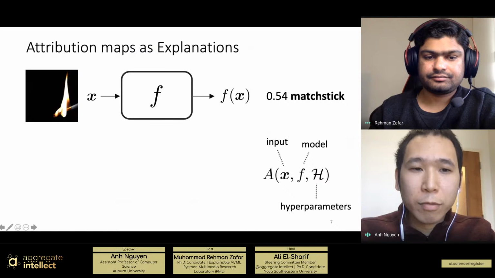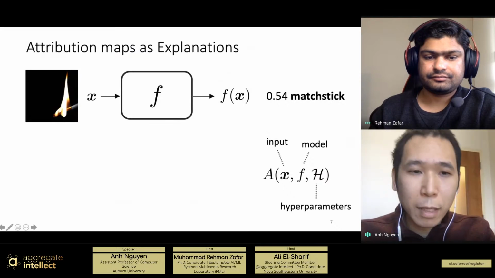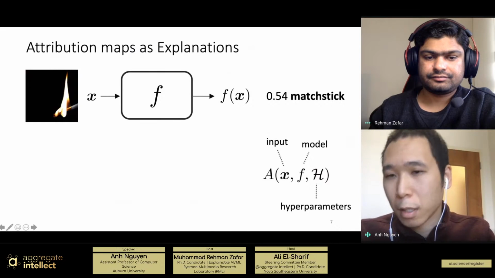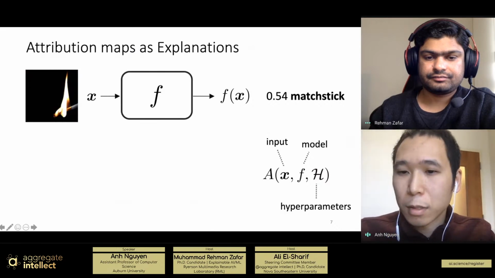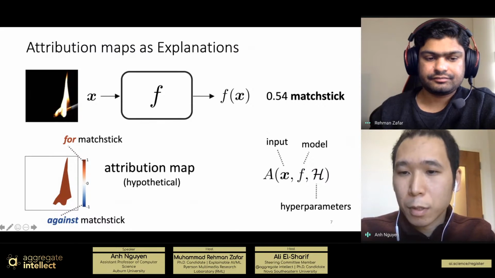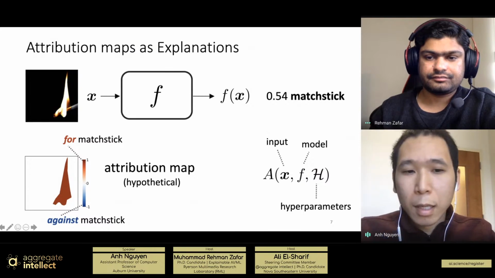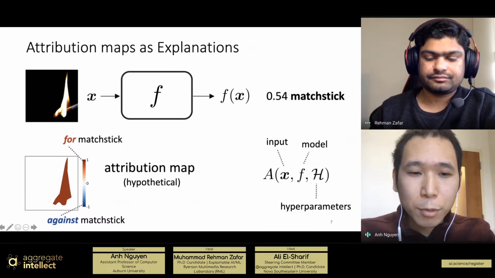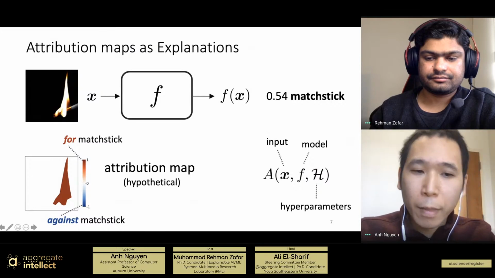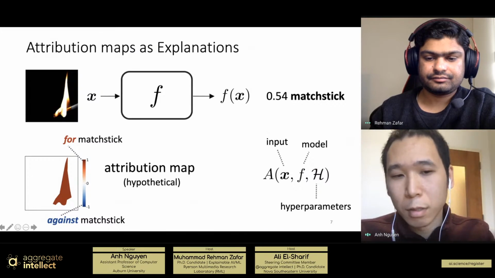The idea here is, given an input image of a flame, if you feed it to the network, it says 54% matchstick. So this is a correct prediction. Attribution methods take in the input, the model, and some hyperparameters, and draw an attribution map, which highlights the regions that are important for the decision, and also the regions that are against the decision, matchstick.